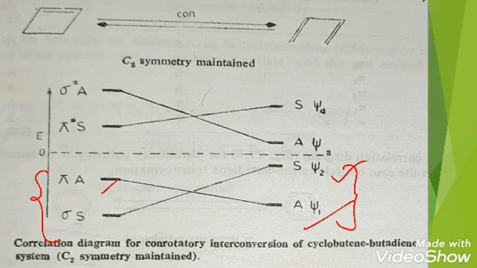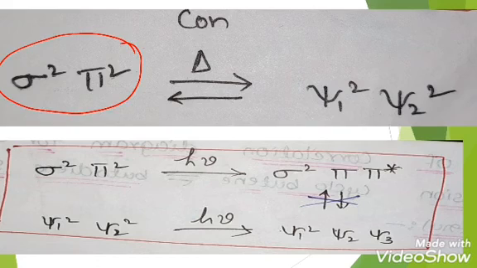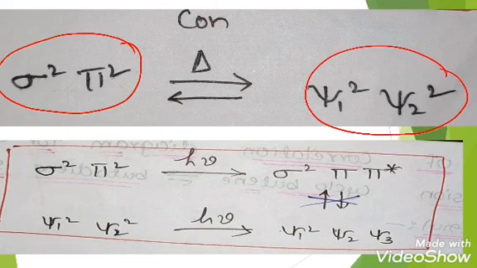Hence, a conrotatory thermal process in either direction is a symmetry allowed process. The ground state orbitals of cyclobutene correlate with the ground state orbitals of the butadiene system. So, a thermal conrotatory process in either direction is a symmetry allowed process, whether it may be ring opening or ring closing.